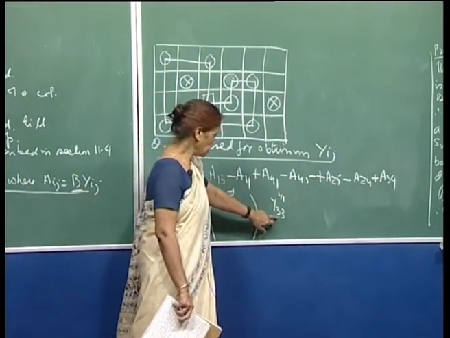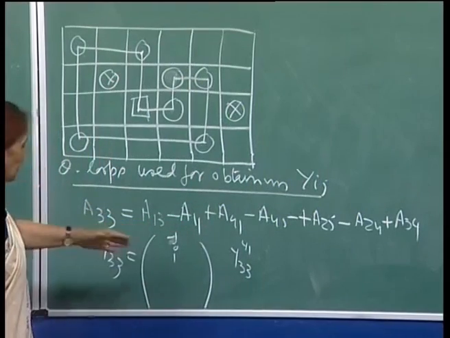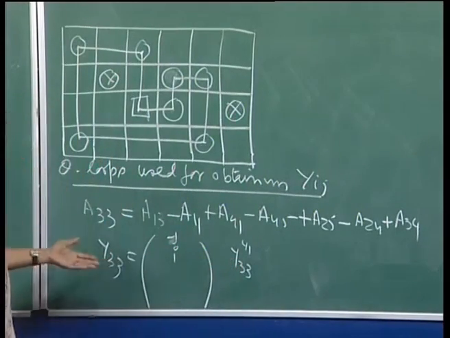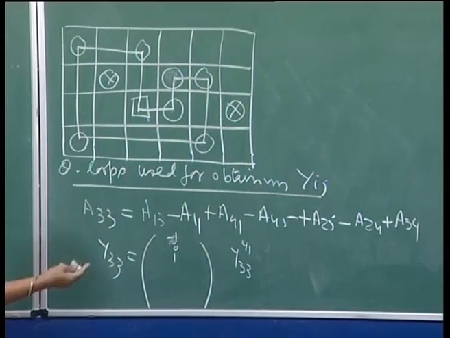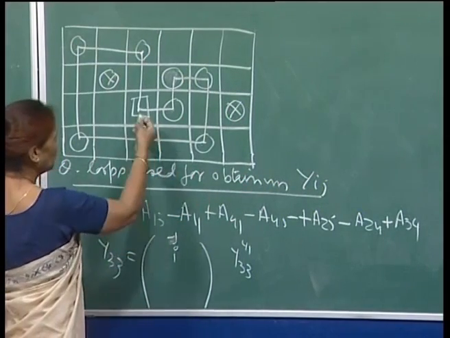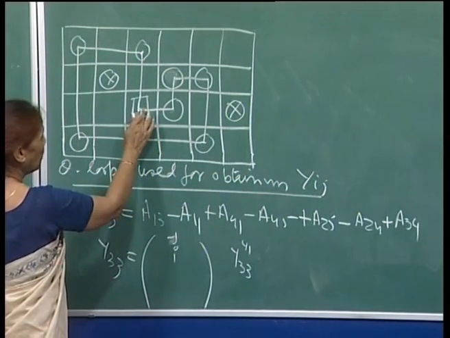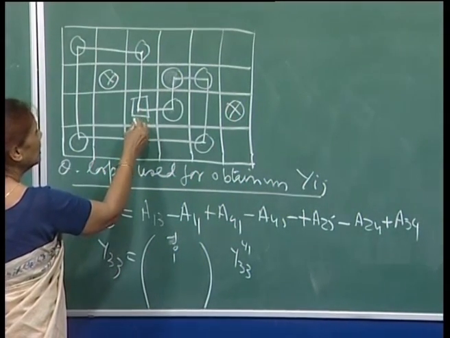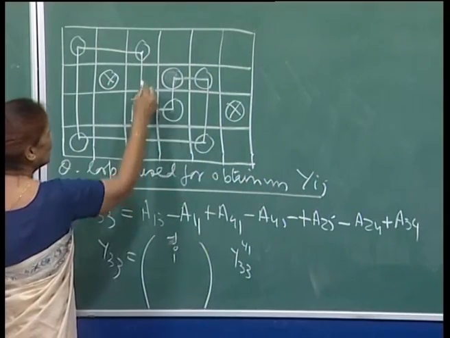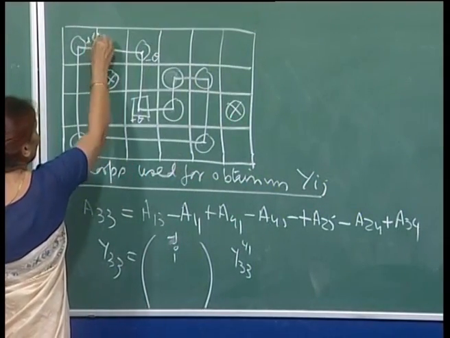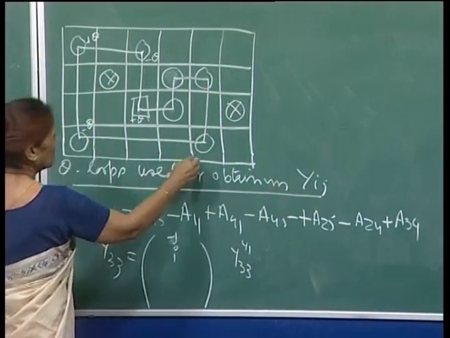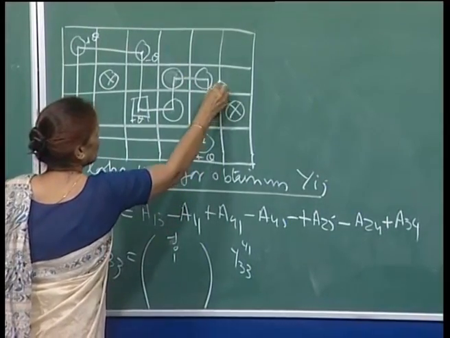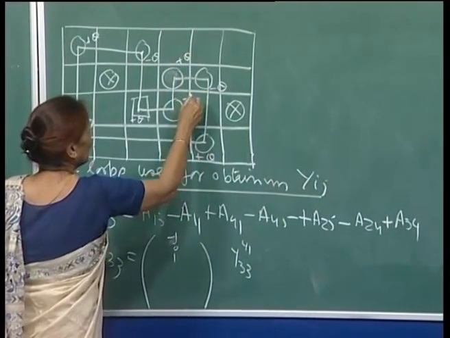So, the components of this will be this, and once you have these numbers, you can immediately obtain, as we will explain later also, that if this is a cell which is to become a basic cell, then you will have plus theta here, minus theta, plus theta, minus theta, plus theta, minus theta, plus theta and minus theta.